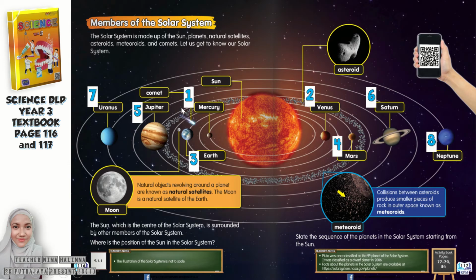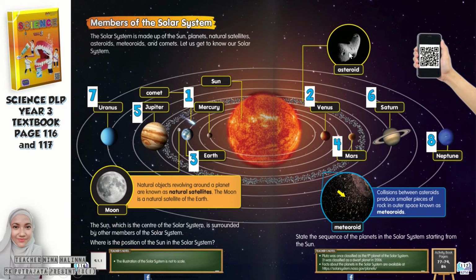Okay, all right. So do you notice between Mars and Jupiter, these specks, these bits of things here, these are actually asteroids, and also there are meteoroids.